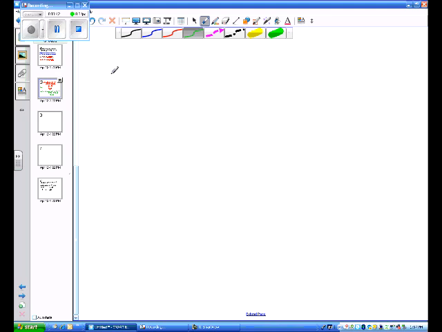Say we want the cosine of 75 degrees. Well, again, we can add or subtract 45. So if we subtract 45, we get 30. So 75 is 30 plus 45. So this is the cosine of 30 plus 45.